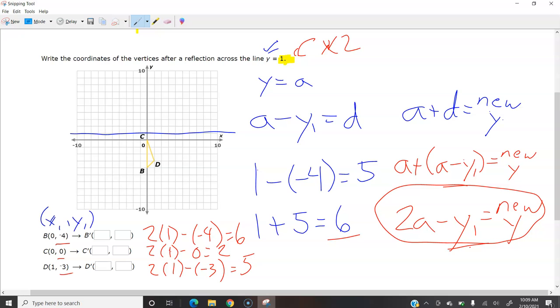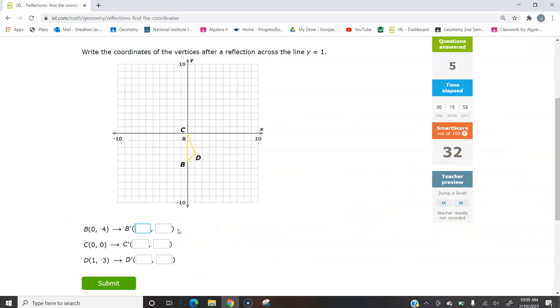You're basically going to subtract whatever this letter is up here, and all your other letters will stay the same. So we end up with 6, 2, and 5, 0, 0, 1, 6, 2, 5.